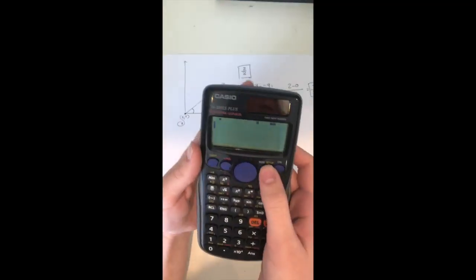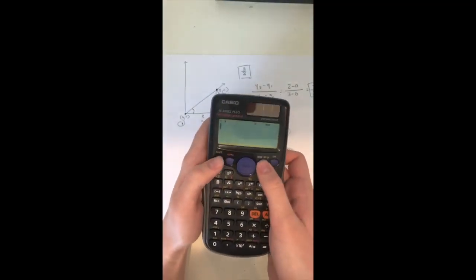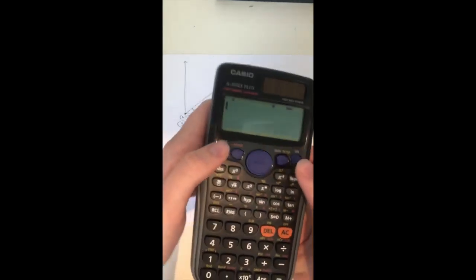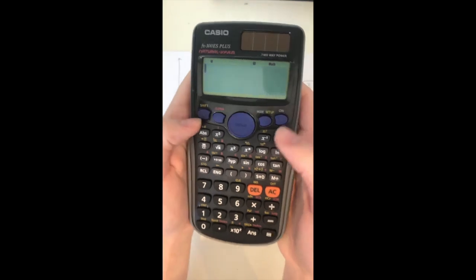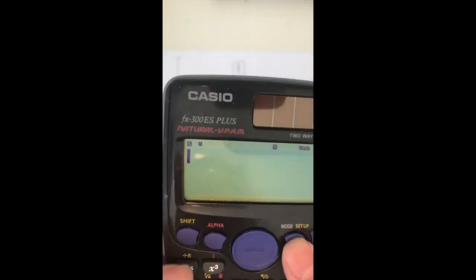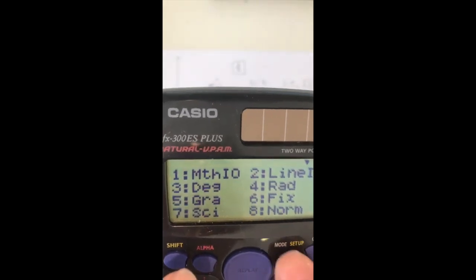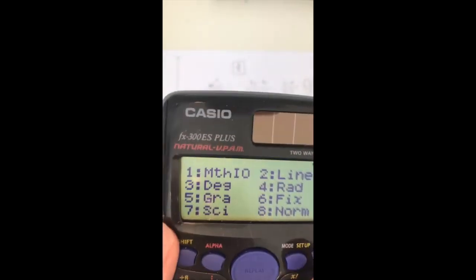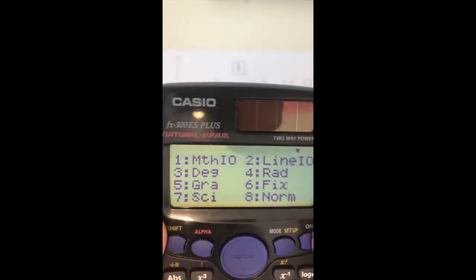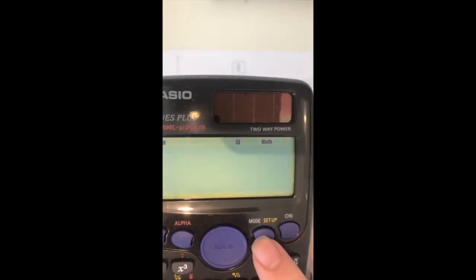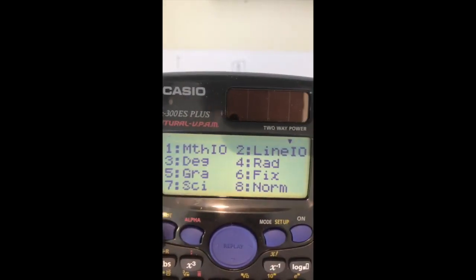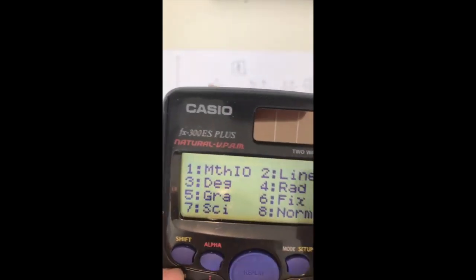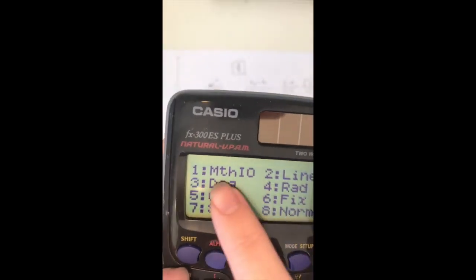How you do that is you go to mode, which I'm not sure how it is on your calculator, but on this one it's shift and then this setup button. It's actually not mode, because if you just press this, the white one, you get to that and that's not what you want. So you need to go to mode or setup or whatever button it is until you can find where it says degrees, radians.